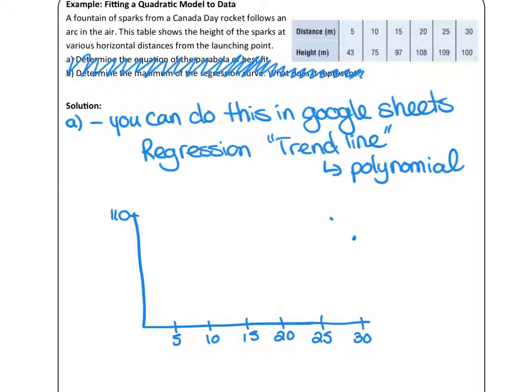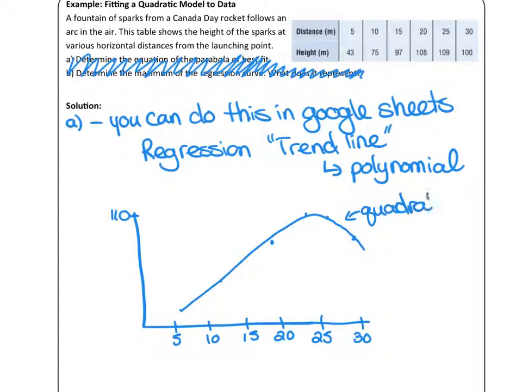This is a terrible graph, guys. I'm sorry. It goes 108, which is kind of the same, 97 down here, 75. This is a terrible graph, but anyways, you see it goes up and then it's going to come back down. So just based on looking at it, it's a quadratic.